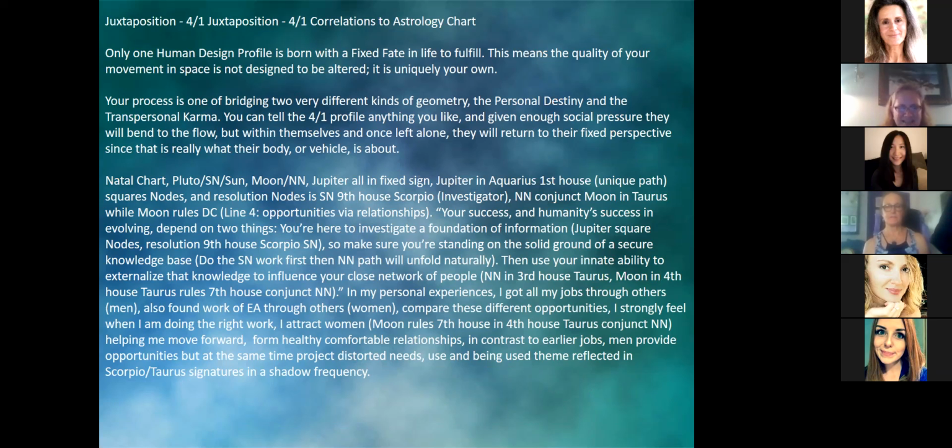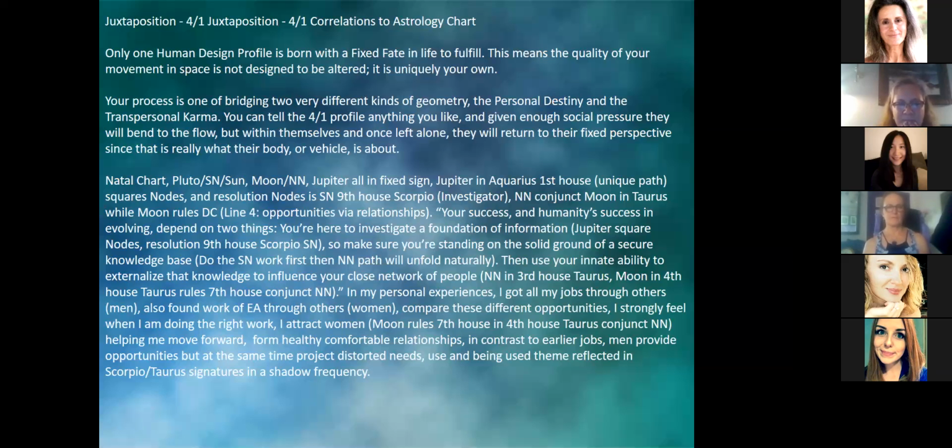And it's very interesting because my Moon is in Taurus in the 4th house. Also, the Moon rules my DC, so it's about relationship. And in my personal experience, like Dawn described before, I really got all my jobs through relationships. But those jobs, I would say, the relationships with men helped me.